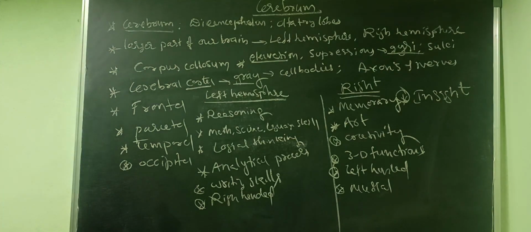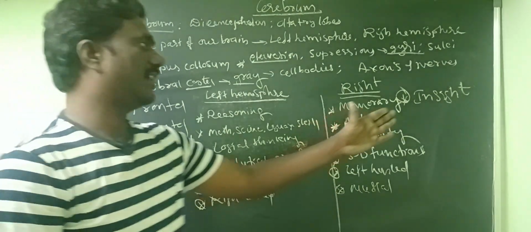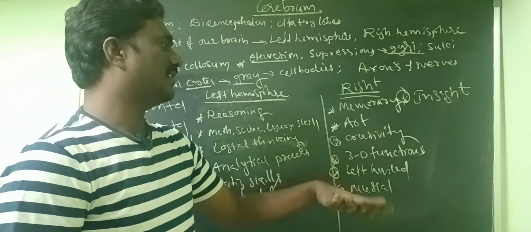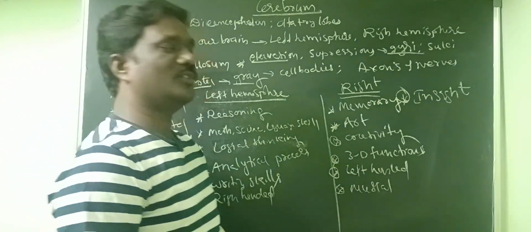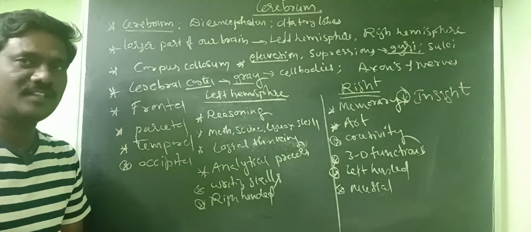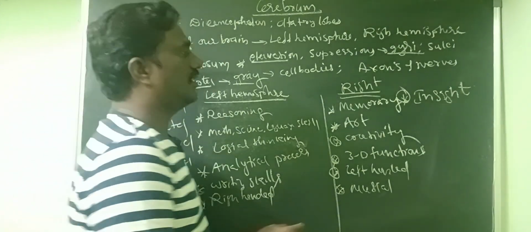All of these, insight, memory, art, awareness, creativity, 3D functions, left-handed functions, and musical functions, are controlled by the right hemisphere.